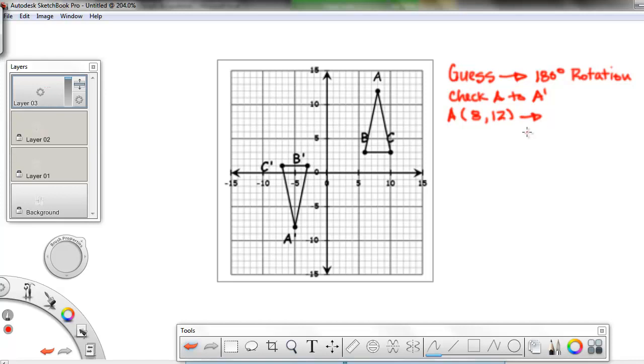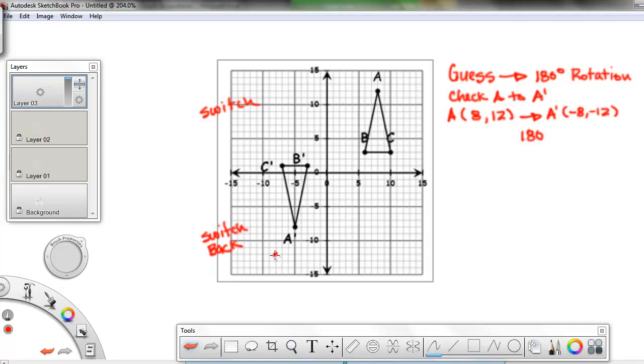If I rotate A 180 degrees, it has to end up at -8, -12. Remember, on a rotation, for every 90 degrees, the x and y switch places. So they switch for the first 90 degrees, and then they switch back. That's why they end up as an 8-12 combination, and then they take the sign of quadrant 3, which makes them both negative.